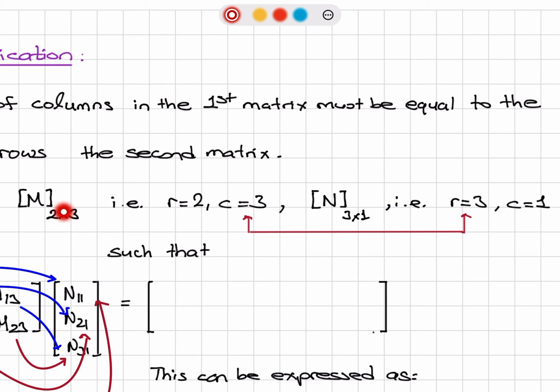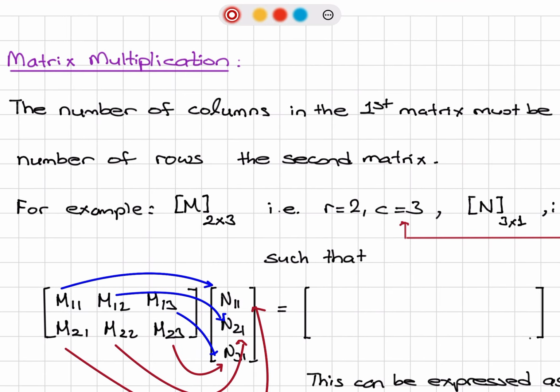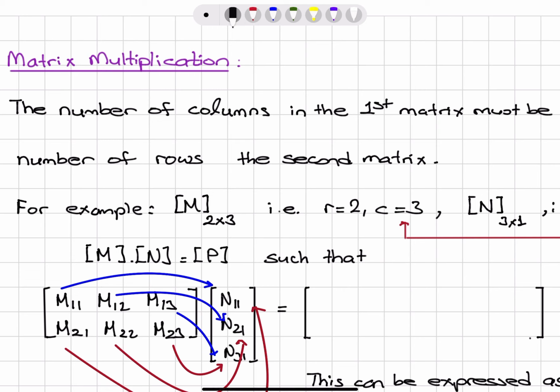So these two matrices, M 2 by 3 and N 3 by 1, can be multiplied. So if we perform this multiplication, we multiply matrix M with matrix N, we will obtain a matrix P, which is going to have the number of rows in the first matrix and the number of columns in the second matrix. So this is going to be a 2 by 1 matrix.